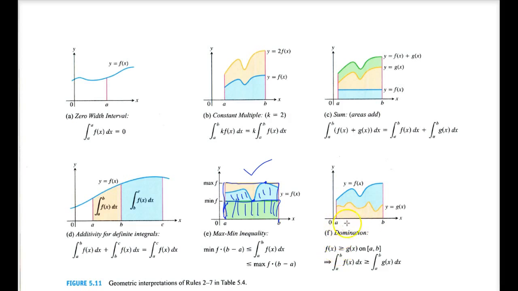This property is basically saying that if we know that some function f of x has y coordinates that are above or equal to another function g of x for all values of x in between x equals a and x equals b, then the area under the curve of the function with higher y values is going to be larger than or equal to the area under the curve of the function that is below. And that's pretty much what that says.